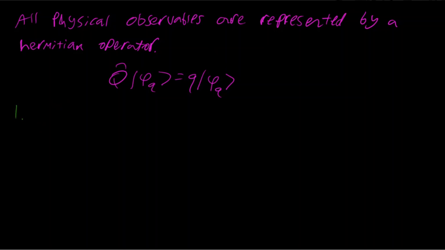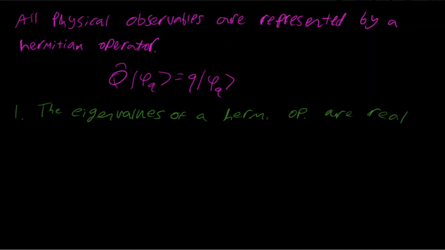We're just taking this as a given, and you'll see in section 5 why. So number 1 is the eigenvalues of a Hermitian operator, Hermop for short, are real.